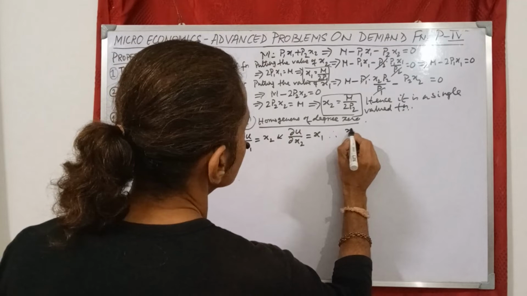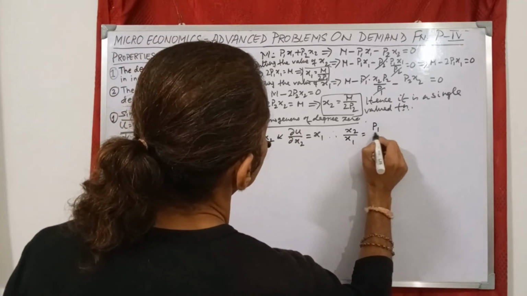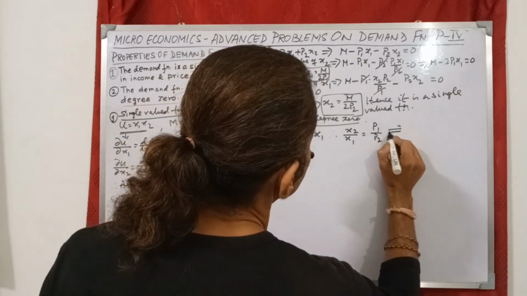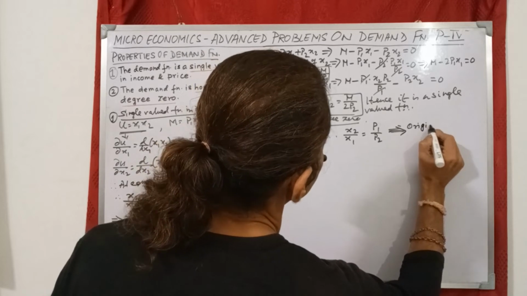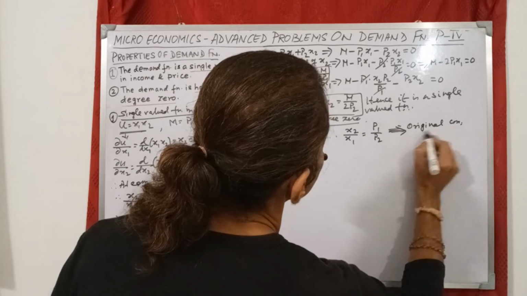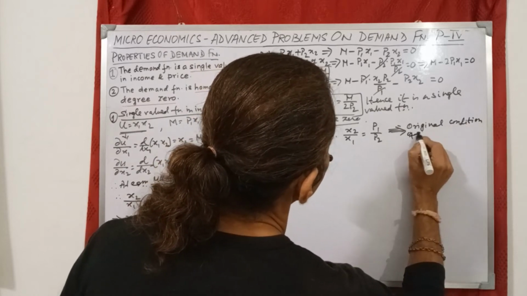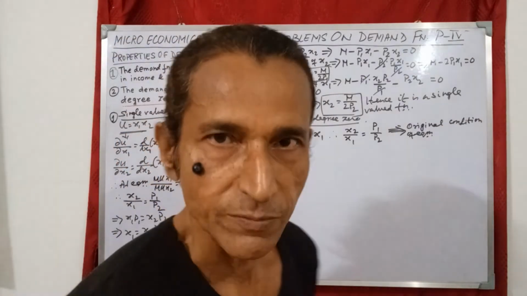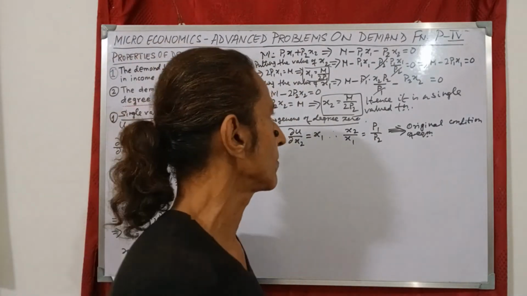Therefore, x2 by x1 equals p1 by p2. This is the original condition of equilibrium, that is where the consumer is maximizing his satisfaction by purchasing the commodities.